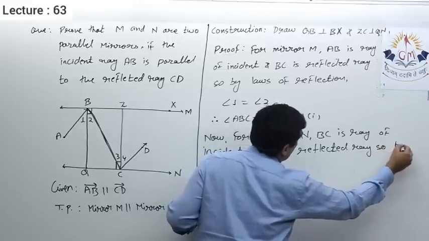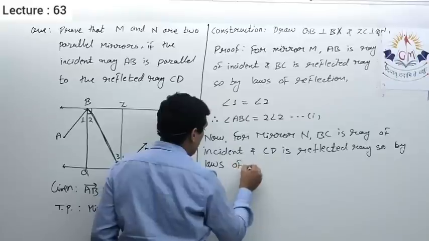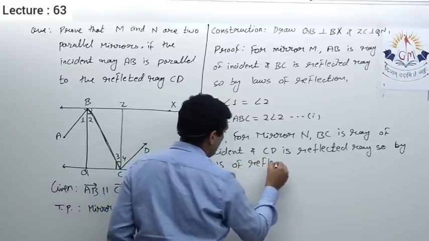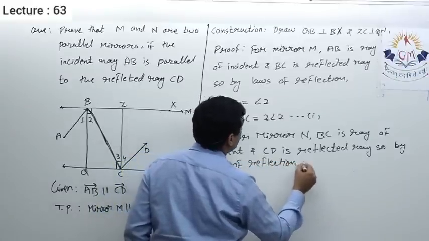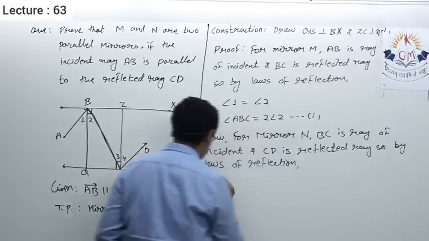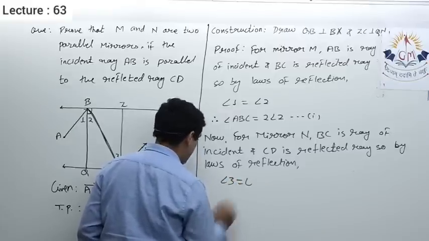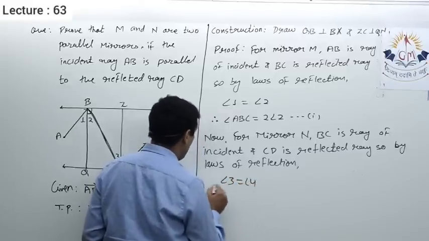So by the laws of reflection, I can say angle 3 is equal to angle 4.